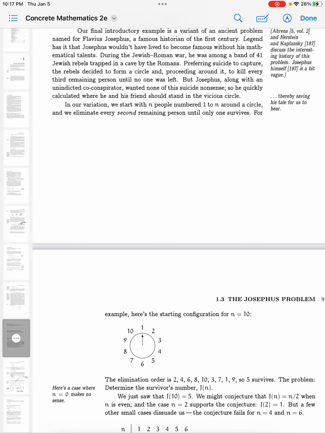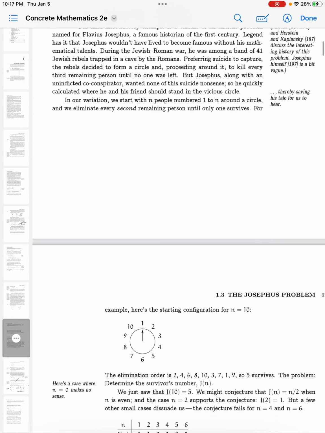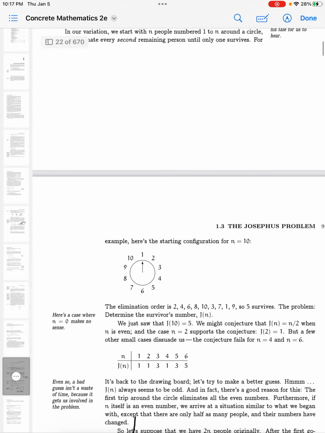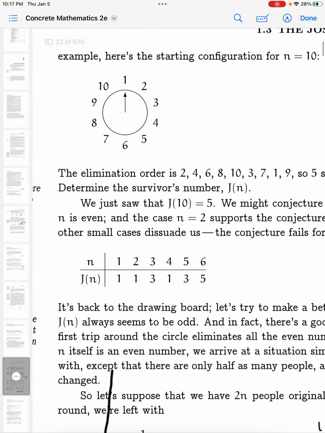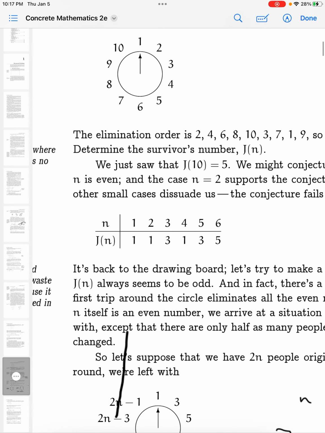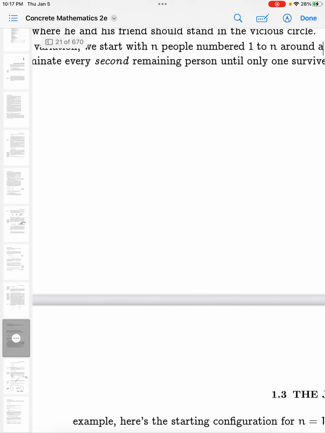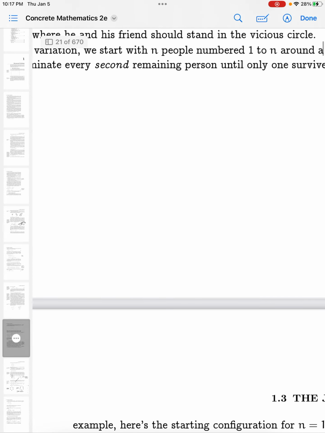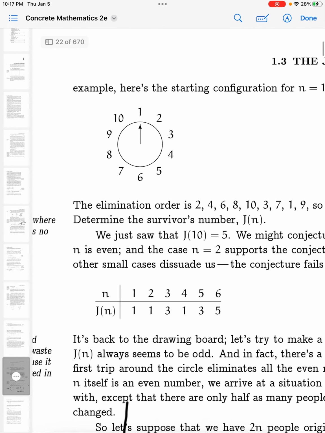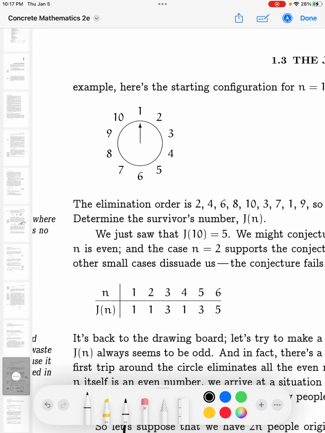We start with n people numbered 1 to n around the circle, and we eliminate every second remaining person until only one survives. So for example, here's the starting configuration for n equal 10. Starting from 1, the second person is 2, so we remove that person.